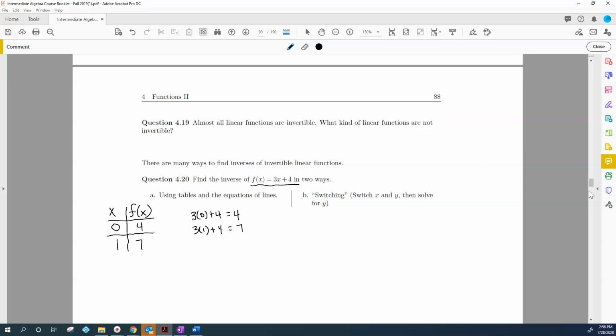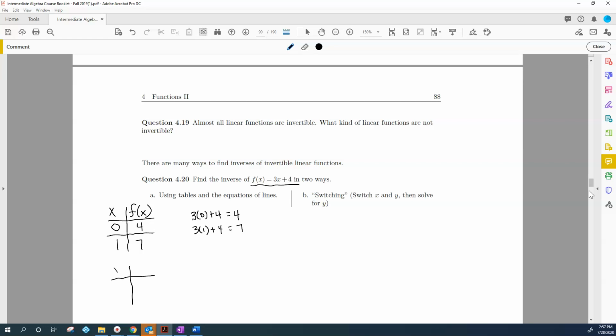Okay, so I got when x is 0, f of x is 4. When x is 1, f of x is 7, right? So again, remember that if I know some points, then I don't need to worry. Let me try this.